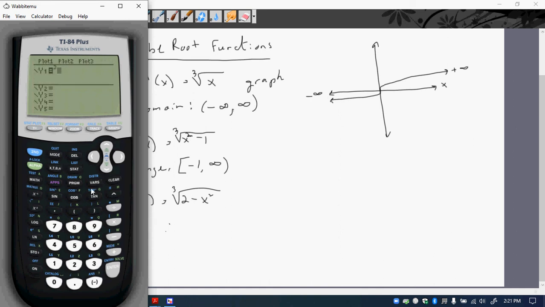Oops, I don't want that, so clear. So math, I want 4. And I type in a 2 minus an x squared. I hit enter and graph. Now it's going to go in a different direction, downwards. So they take on some really strange forms, these cube roots.